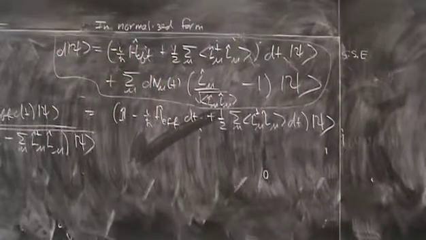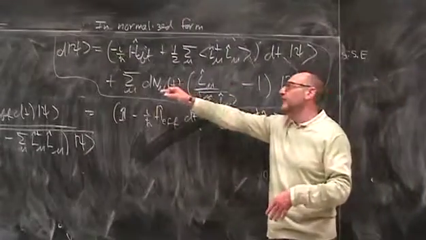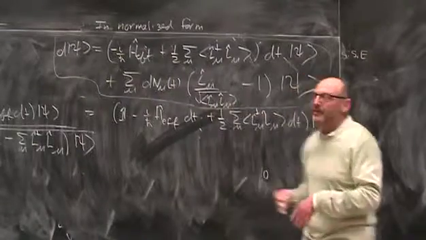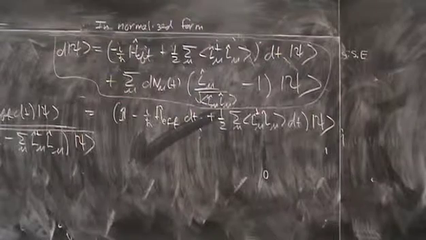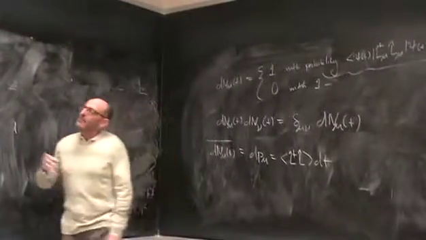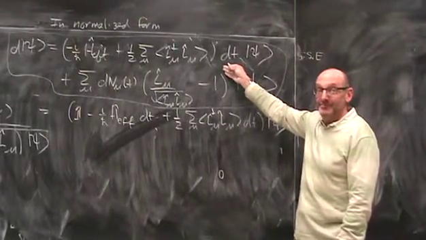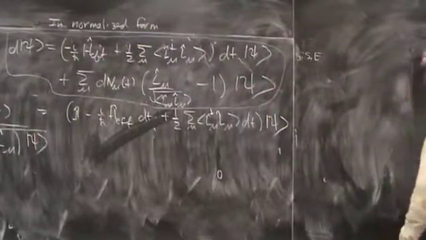But it's got this other stuff in it, which is all related to the fact that we're continuously monitoring the system, monitoring the vacuum. What I want to show is that when I average over all ensembles of this stochastic evolution, I get the deterministic master equation. So let's do that now, and then we'll quit.